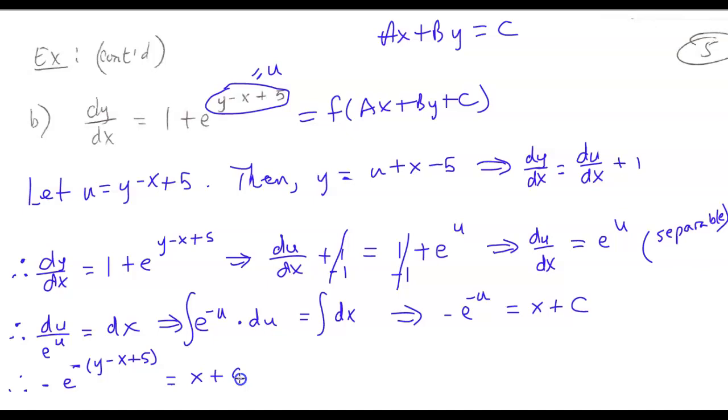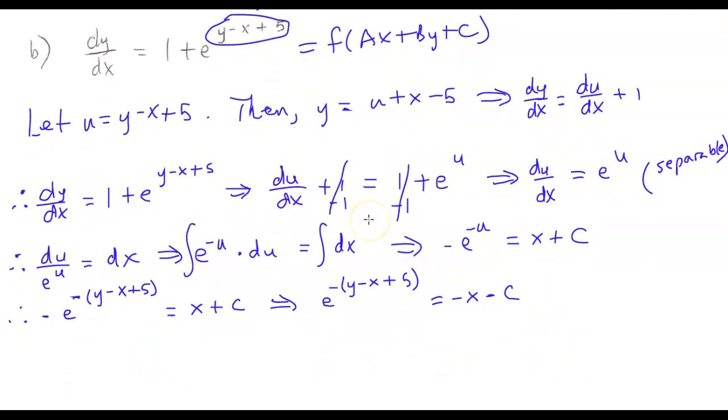And then, of course, from here, I need to get this y minus x plus 5 out of the exponent of that. So what I can do is take the natural log of both sides. But before I do that, I'm going to go ahead and multiply both sides by a negative 1. So if I do that, it'll be minus x minus c.